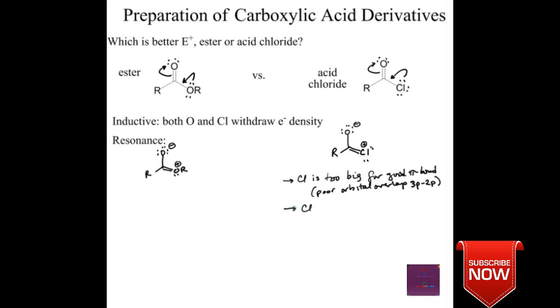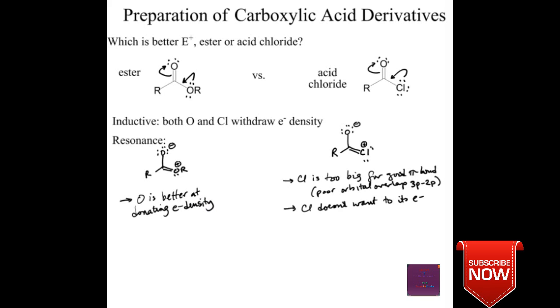So we could also describe that as saying that chlorine doesn't want to share, or is not capable of sharing, its electrons, its lone pairs. Okay, and so oxygen compared to chlorine, oxygen is actually better at donating its electron density because it's matched better with the carbon size.